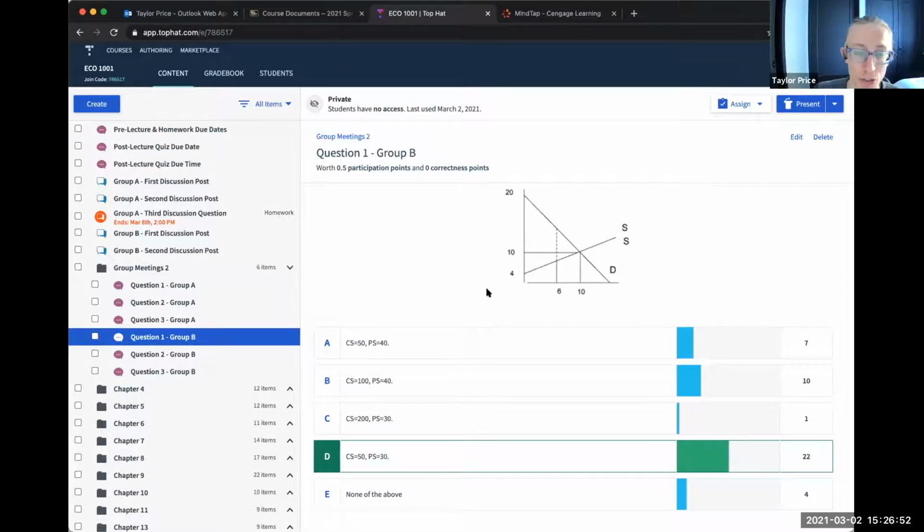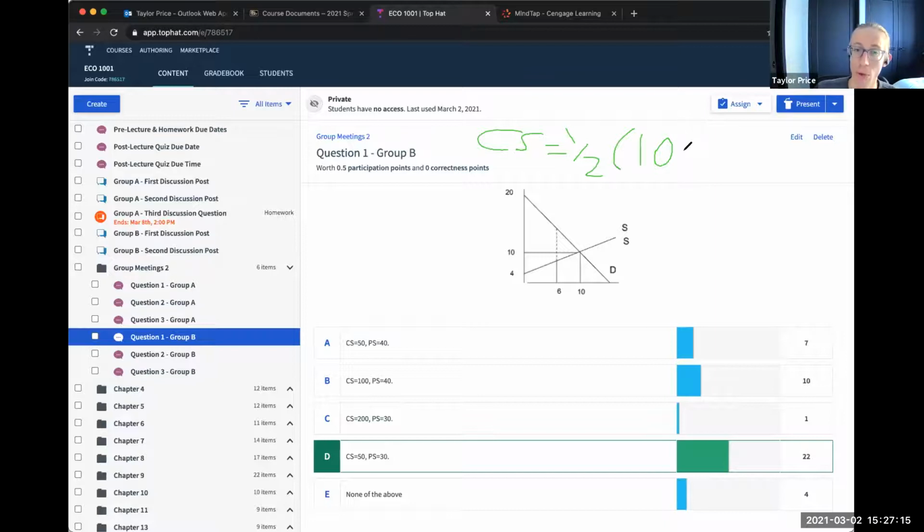So what we're going to do then is we see for consumer surplus, so CS is going to be equal to 1/2. And then in this case, we're going to have the 10. And the 10 comes from the quantity right here. So that is the equilibrium quantity.